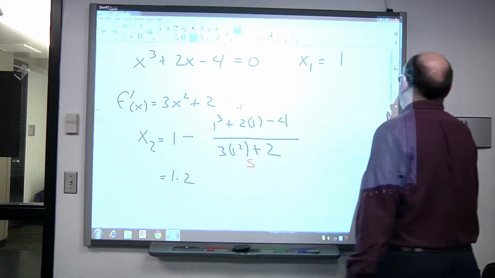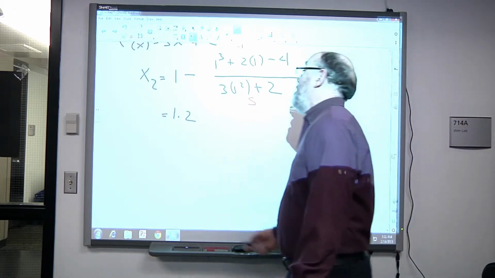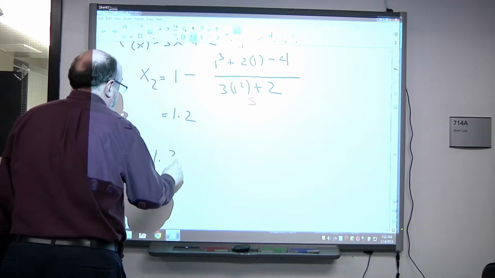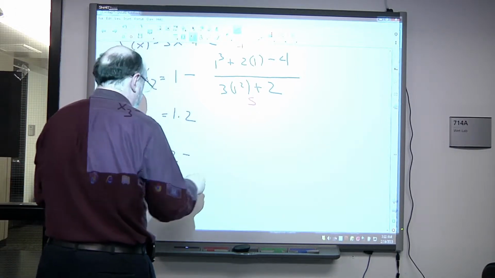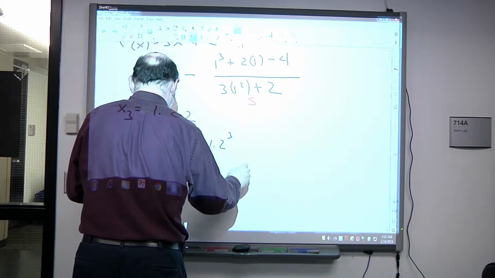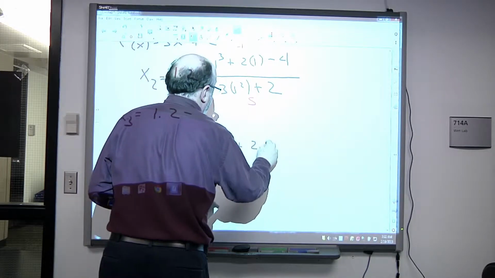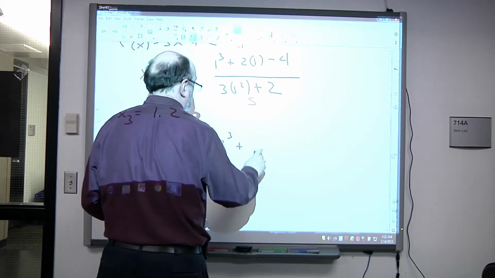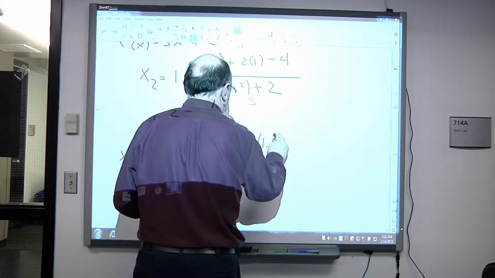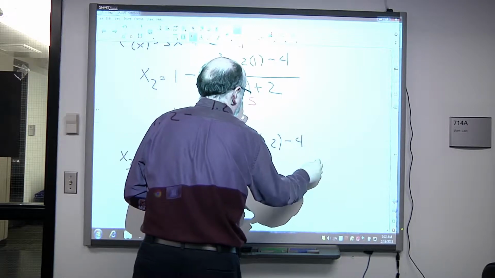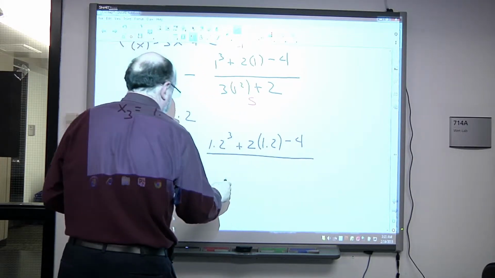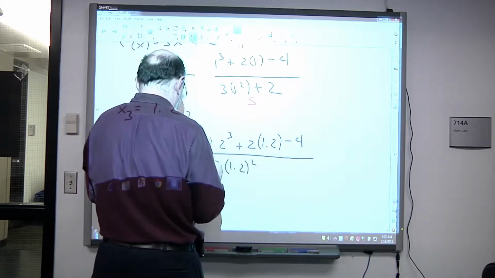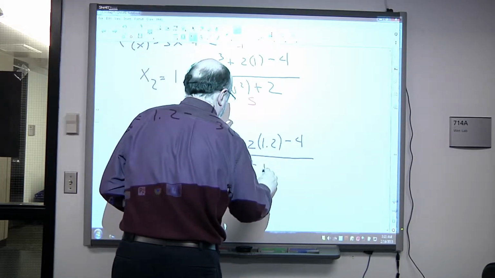And so now we do the same process again. And so x of 3 is going to be 1.2 minus (1.2 cubed plus 2 times 1.2, minus 4) over (3 times 1.2 squared plus 2).